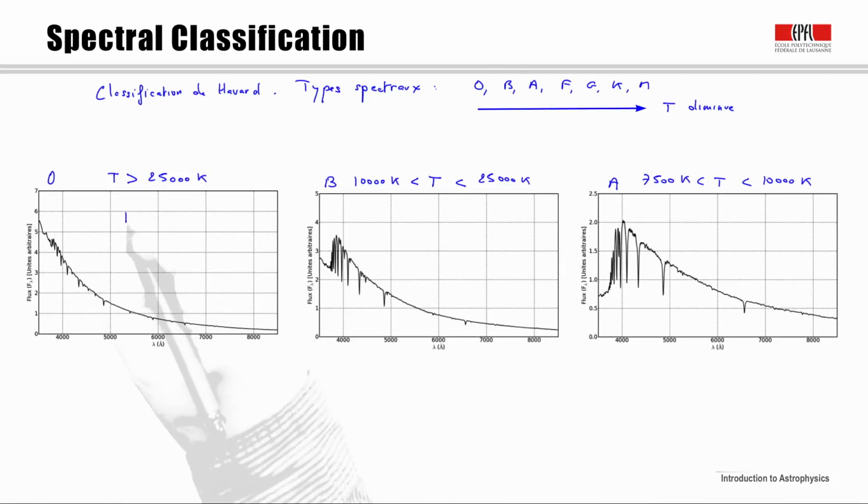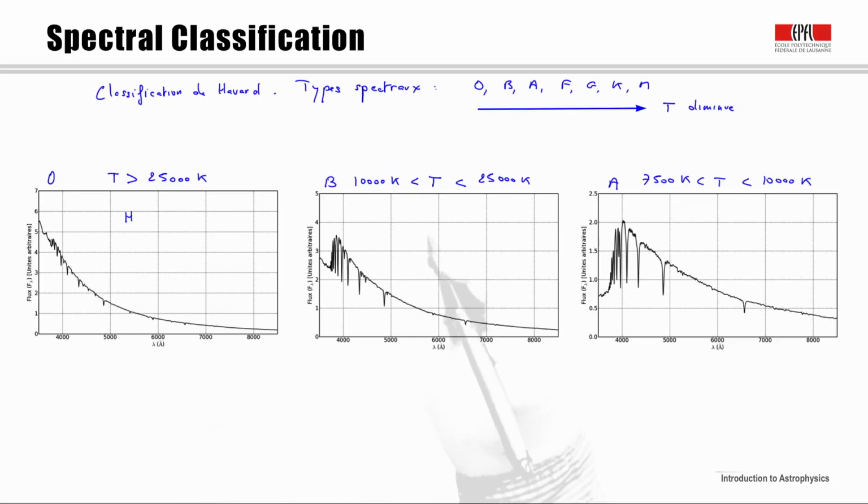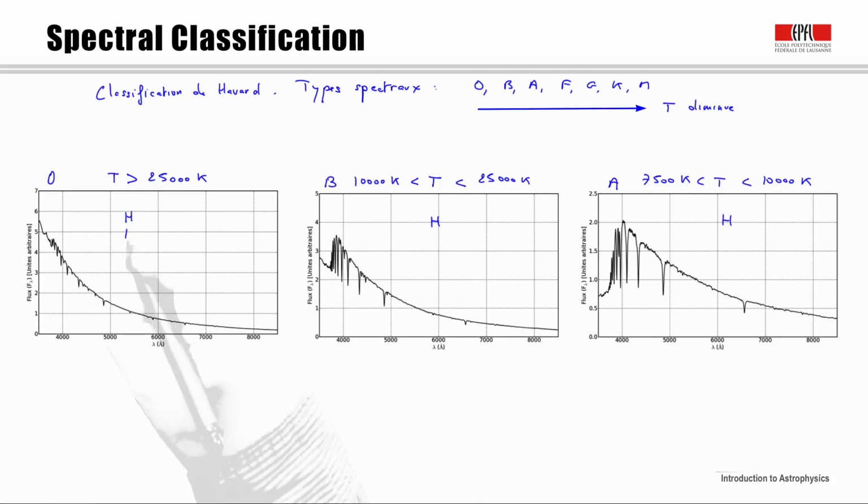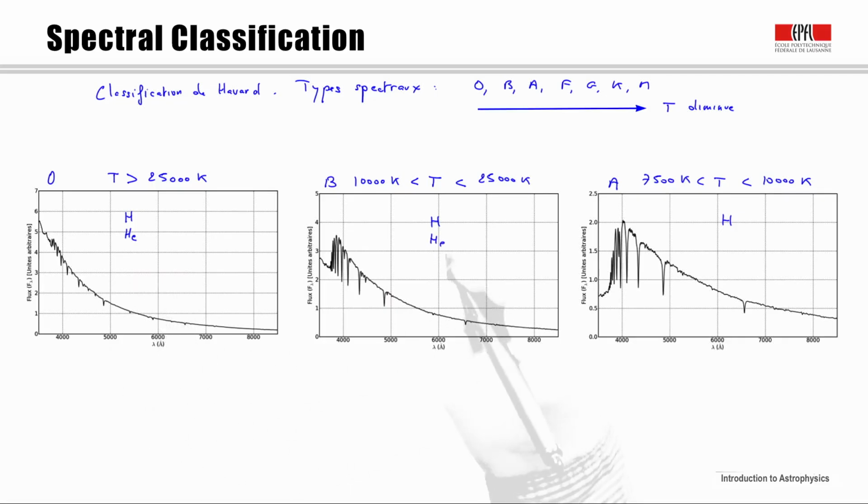Each spectral type has different features. In each case, we have hydrogen here. But depending on the temperature, the spectral lines are stronger or weaker. In very hot stars, we also have helium lines, and here as well. And here, there isn't any helium anymore.